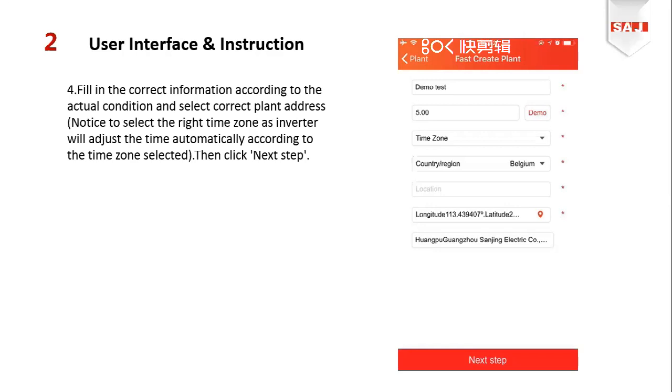Also the country of the plant you installed, and the location. We have a function to locate your current position: if you click the map icon, it will directly locate your position. Then click next step to finish the first step.